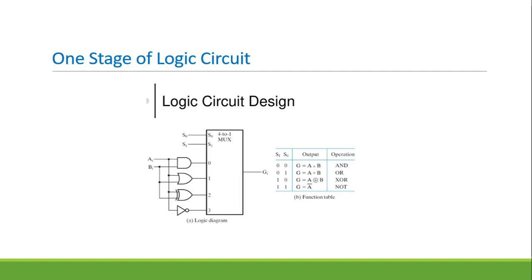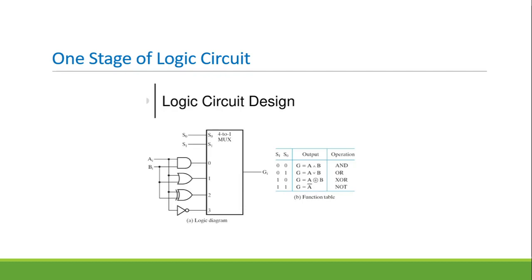So here in this diagram it is a 4:1 multiplexer. There are two select lines S1 and S0, where S1 is the MSB and S0 is the LSB. So 4 logic operations can be performed with the help of this IC.